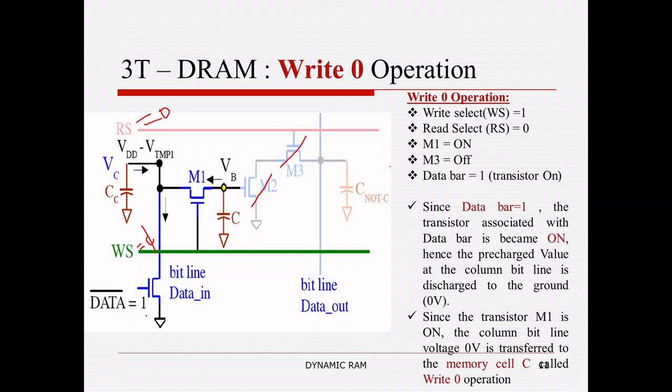The column data is equal to 1, so the column capacitance CC holds the value of 1. Since transistor M1 is on, the energy stored in the column capacitance is transferred to capacitance C. So it is called a write 0 operation.